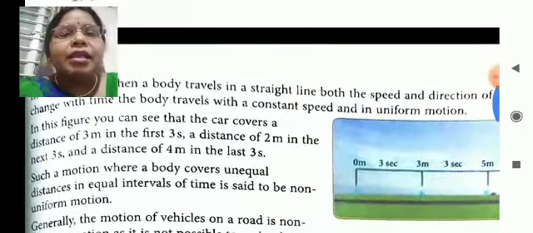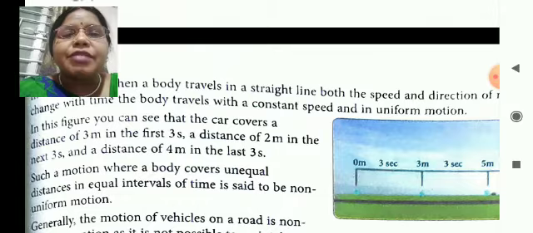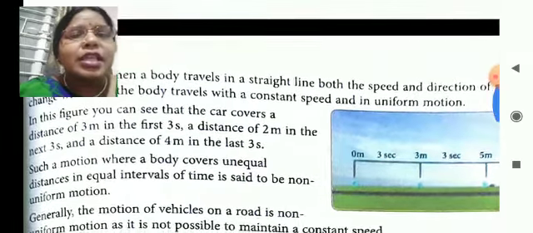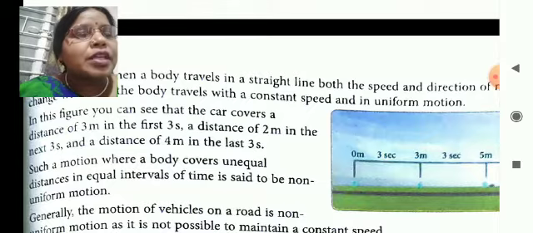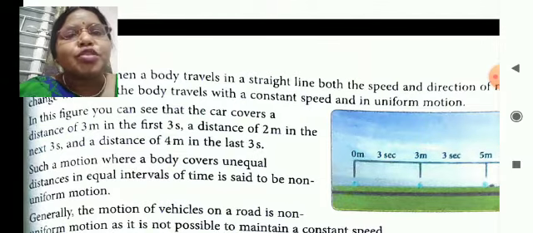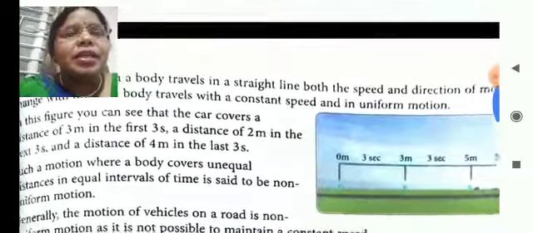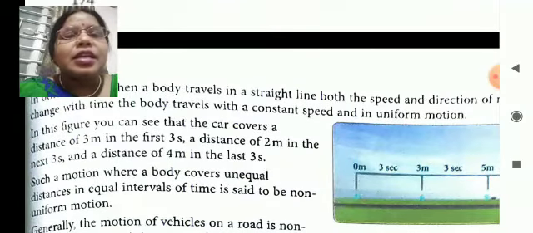And when the car covers unequal distances in equal intervals of time, then it is known as non-uniform motion. For example, here the car is traveling.